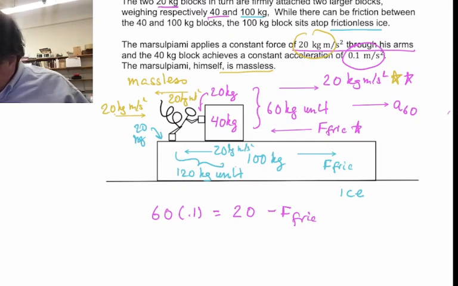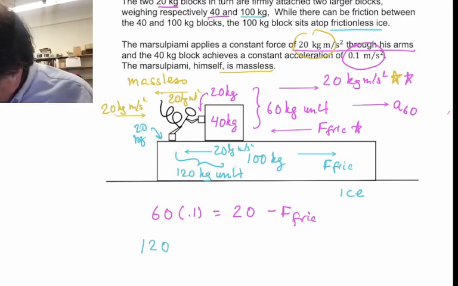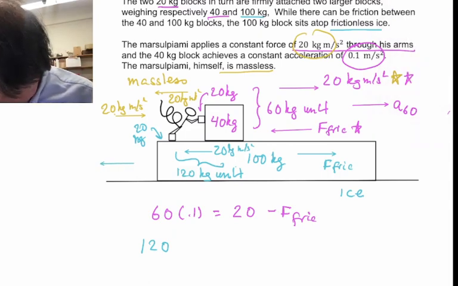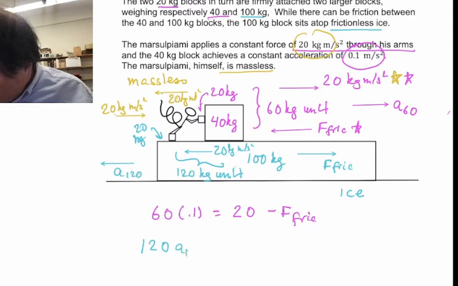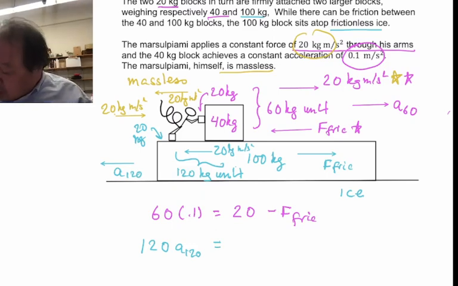And now we can look at the 120 kilogram unit. The 120 kilogram unit is feeling an acceleration in the opposite direction. So 120 times A120 is equal to, and this is very interesting, in the same direction as A120 is the 20, and the opposite direction is the F fric.